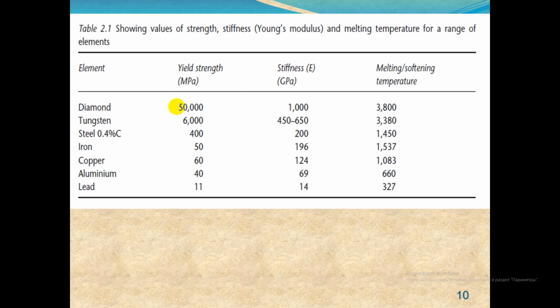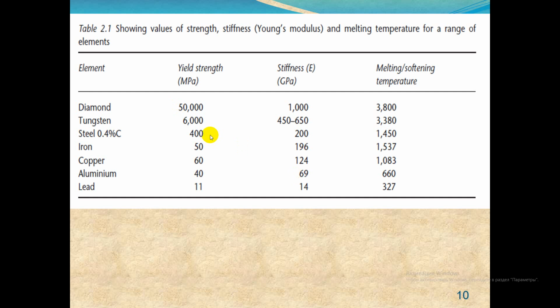There are a number of primary bond types, the most common being ionic, covalent, and metallic. Secondary bonds include van der Waals and hydrogen bonds, which we shall now examine in turn.